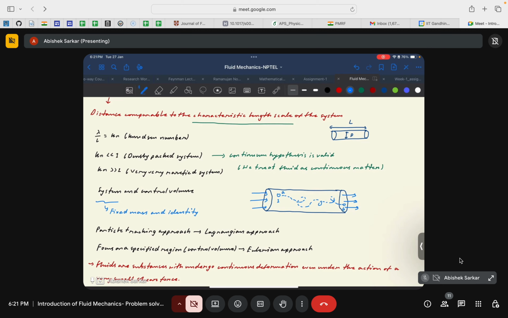So a control system approach would basically mean tracking each and every fluid molecule through the pipe and trying to evaluate the force that it imparts on the pipe at every time step.